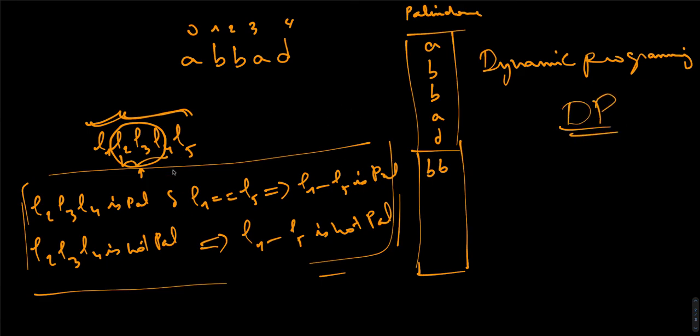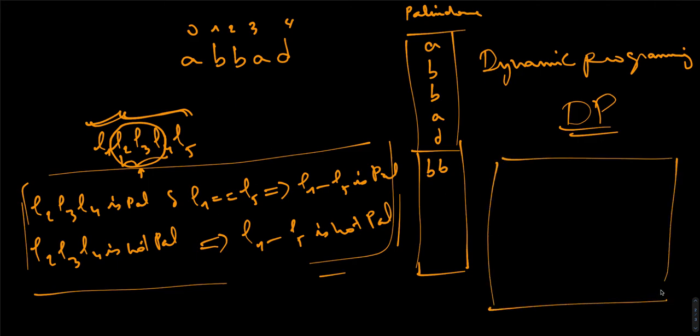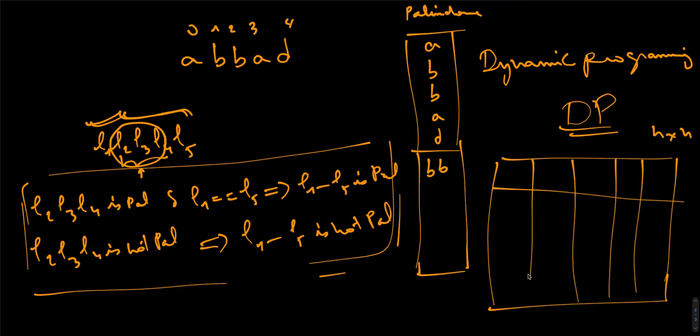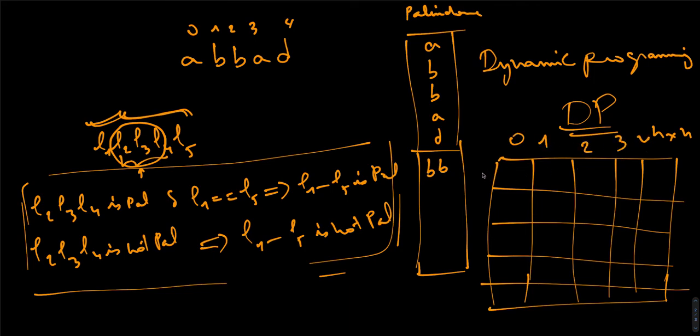And in order to store the information about all of this, we will need a matrix. This matrix will have a size of n. Okay? So in this case, we have 5 columns and 5 lines. And we will have here indices 0, 1, 2, 3, 4, 0, 1, 2, 3, 4. Perfect.